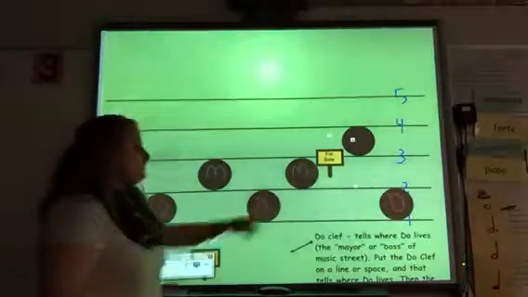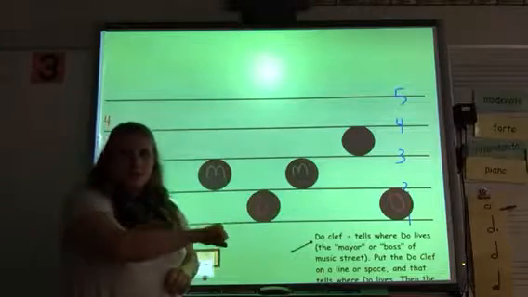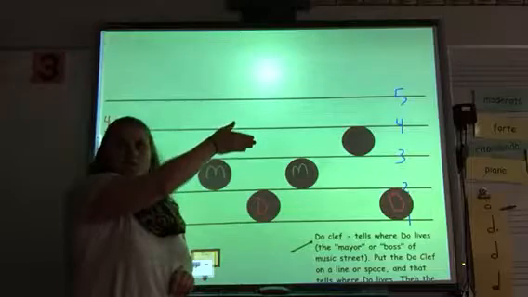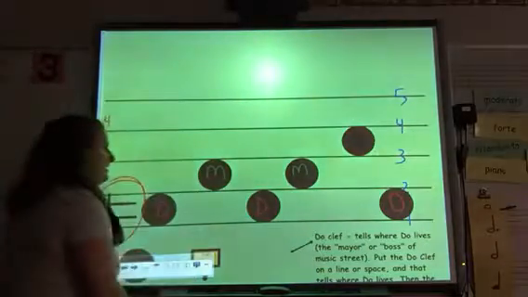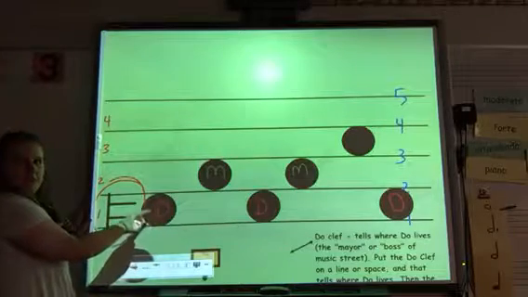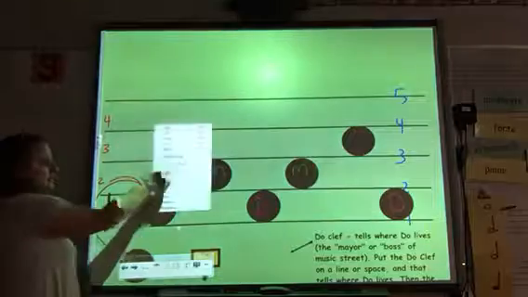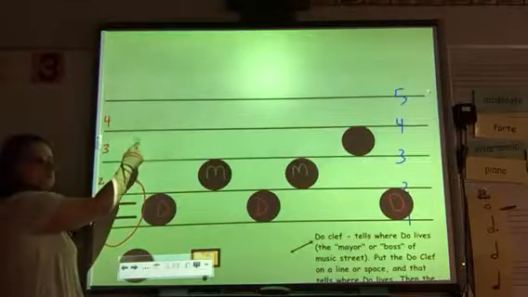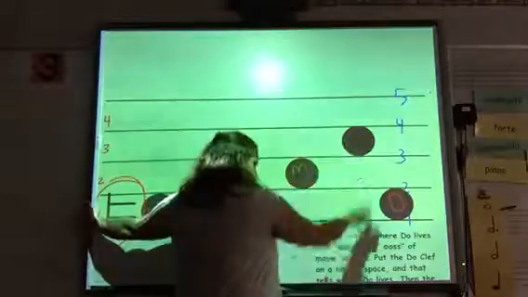Or you can remember this handy dandy little phrase. When do is on a space, then mi is on a space, then so is on a space, they all are in their place. And you can do that counting up with the spaces. So I know now that so is in space number 3.